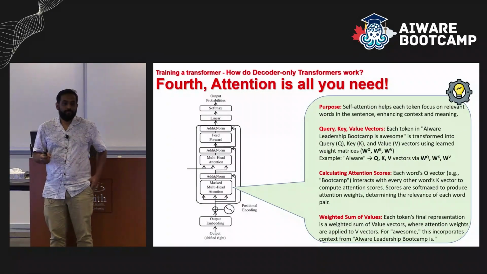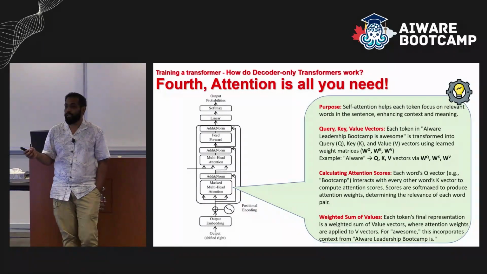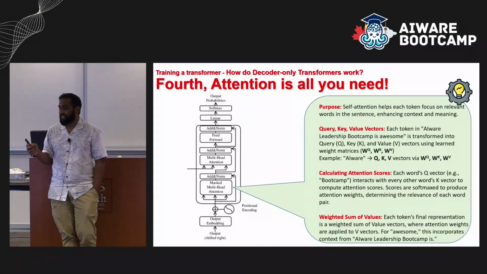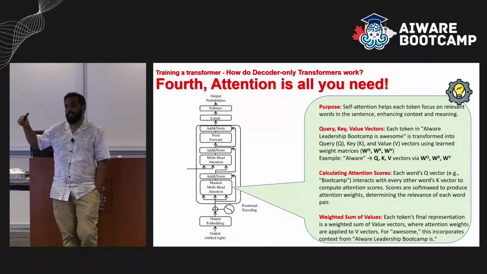And fourth, and this is the secret sauce, Attention Is All You Need is the paper that introduced this. So how does attention work? For each token, for example in AIware Leadership Bootcamp, each of the tokens is transformed into query, key, and value vectors. And they all have a learned weight matrix.